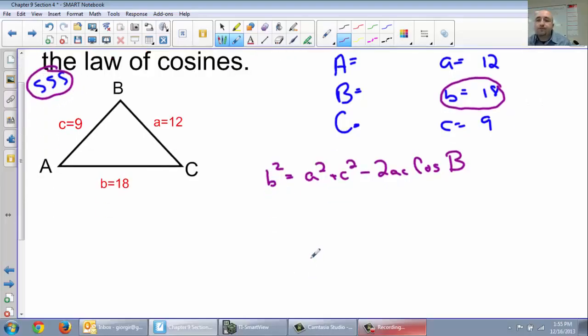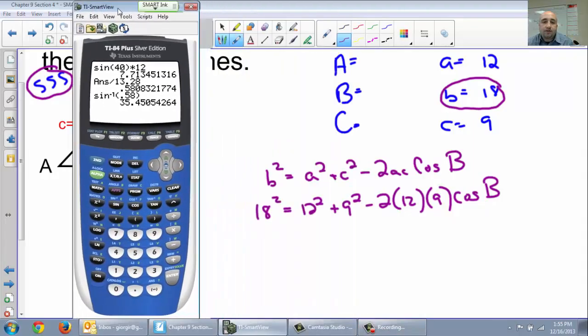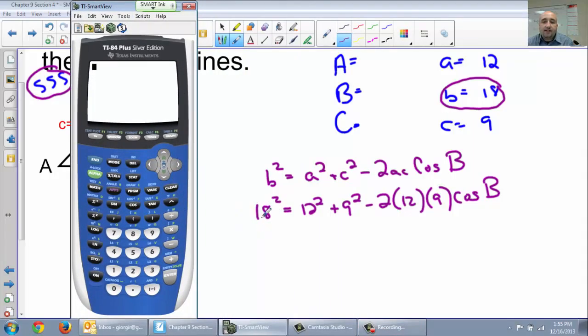Okay, so let's plug in what we know. We have 18 squared equals 12 squared plus 9 squared minus 2 times a, which is 12, times c, which is 9, times cosine of angle B, we don't know. All right, so we're going to use our calculator to help us here. 18 squared equals 324.